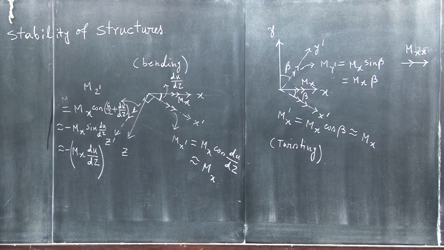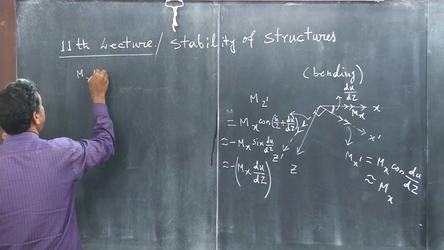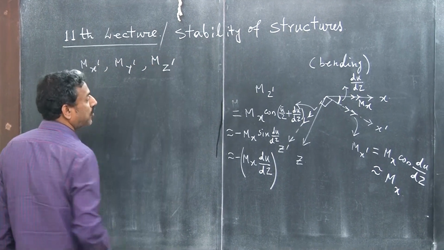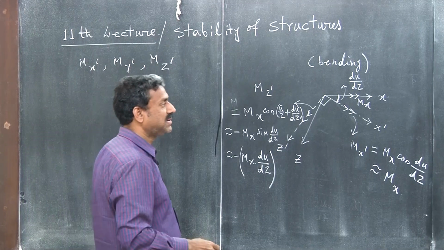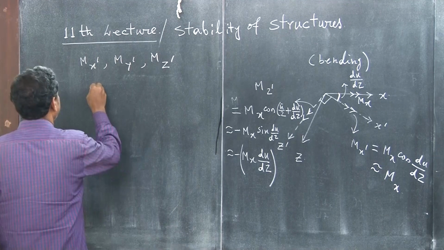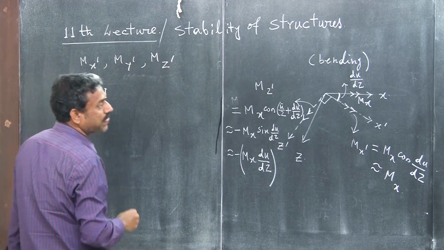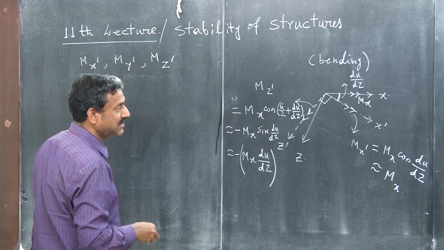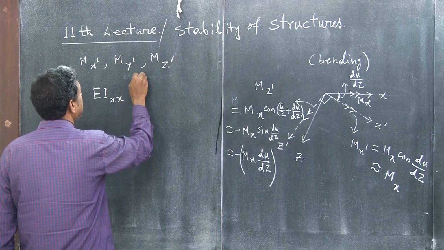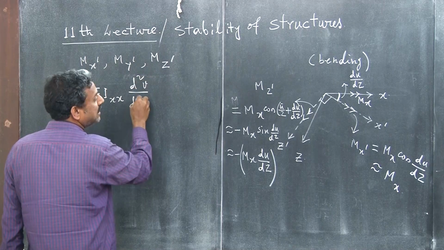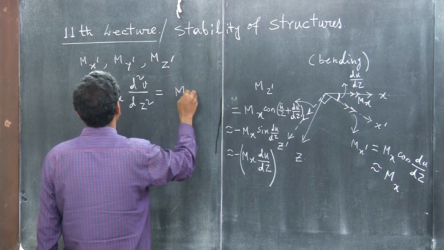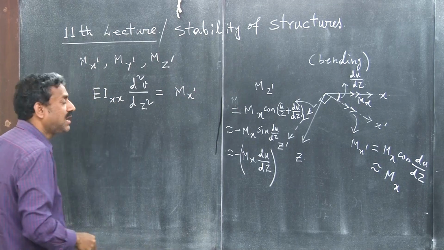So now we can write down. There are three moments, Mx dot, My dot and Mz dot. Mx dot is nothing but the bending moment with respect to the x axis, right? So E Ixx d2v dz2 is nothing but Mx dot, that's what I am going to write, right?